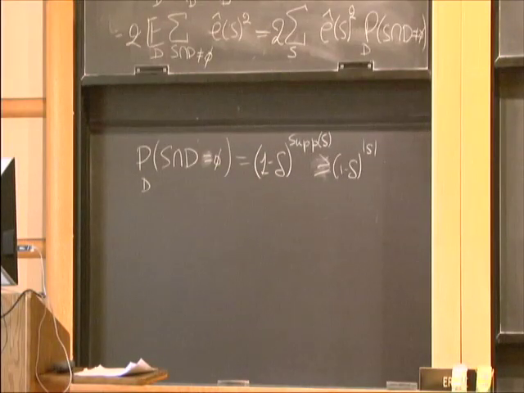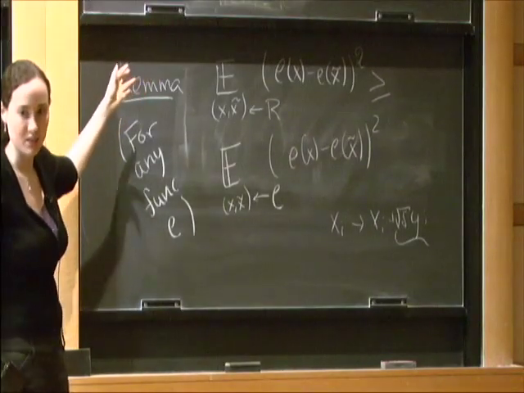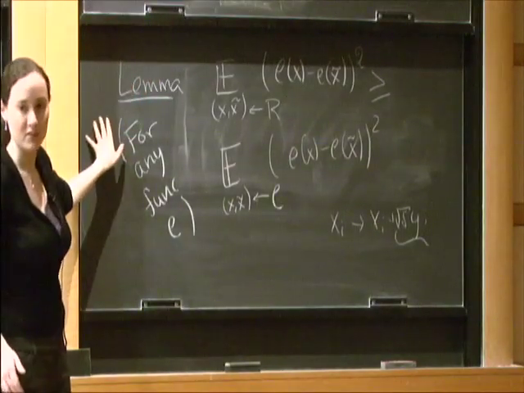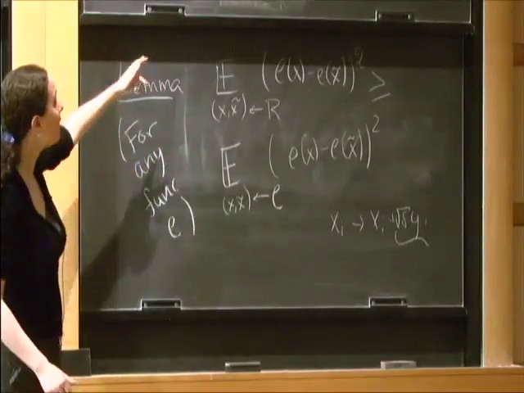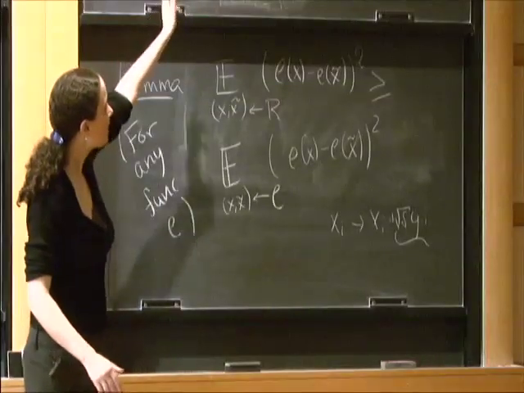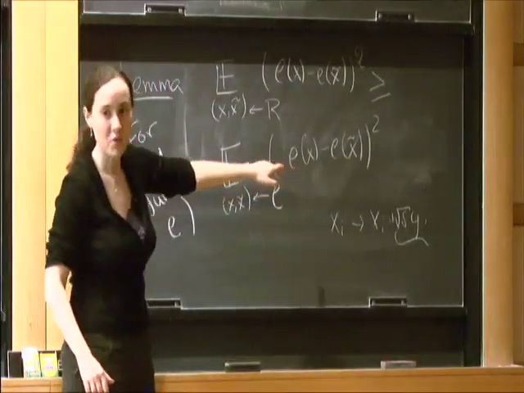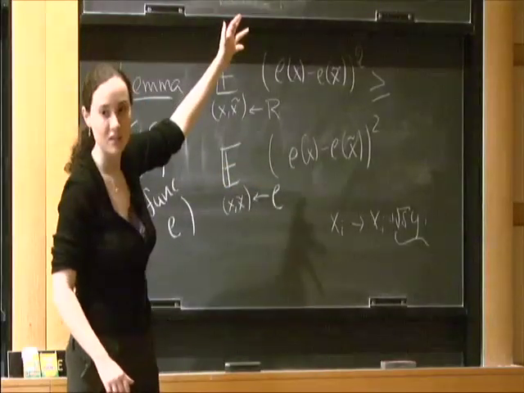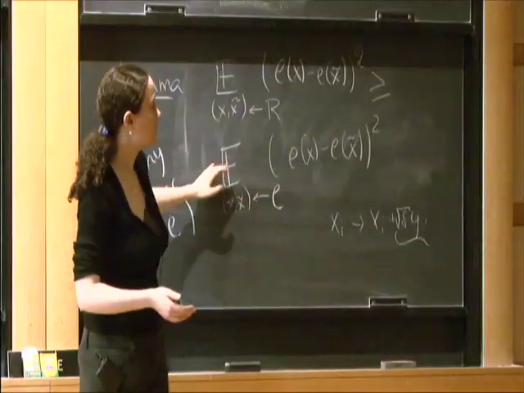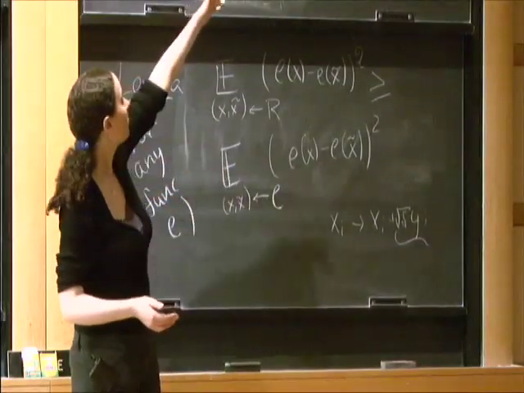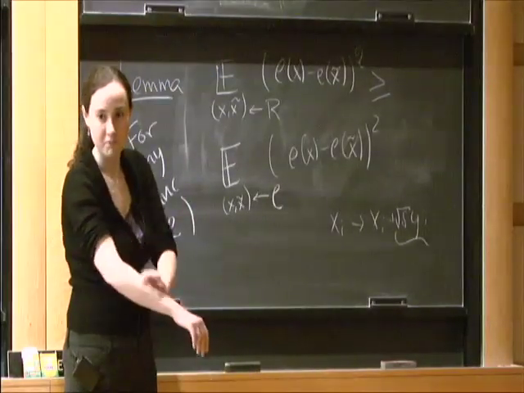What bothered me is that maybe those two happen simultaneously, and then I can't say anything. This does not forbid those two to happen simultaneously, because this talks about the average. Maybe with probability 0.999 this difference is going to be extremely small, but with the remaining probability, maybe it will be large. So we have this, which is some constant, and it completely does not contradict the first line.